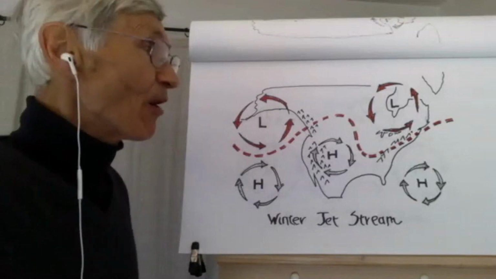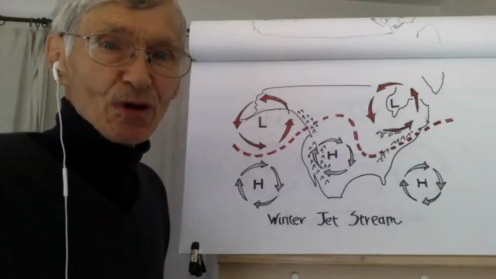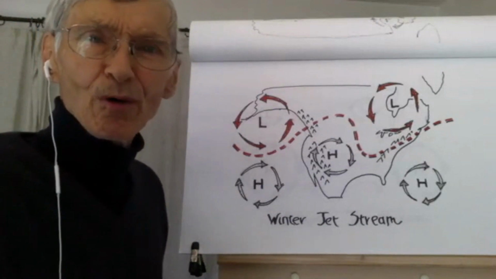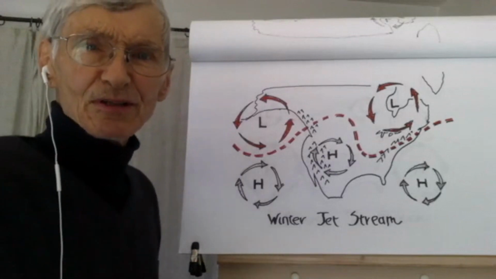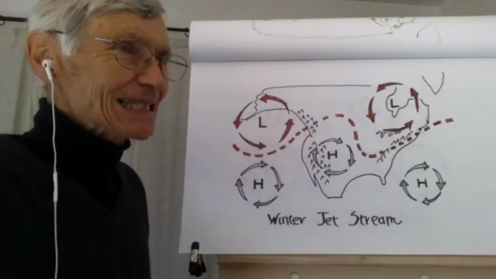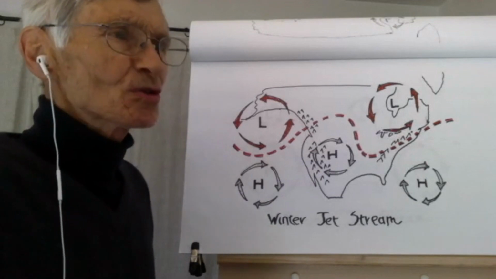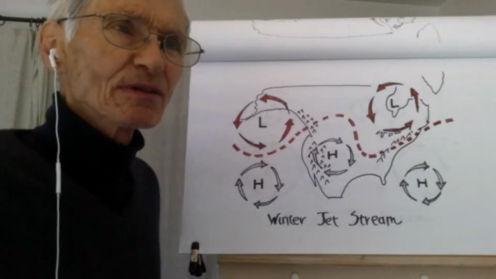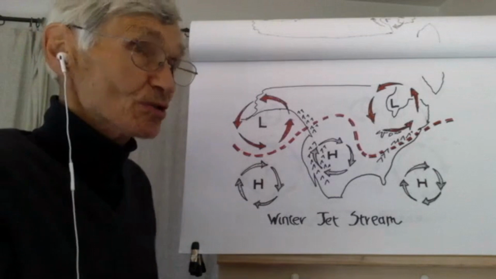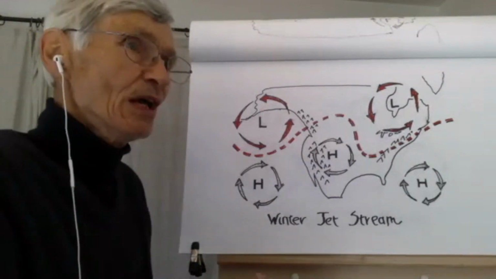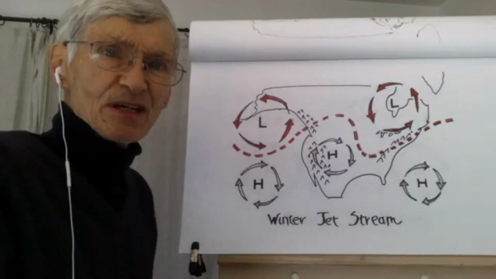And the DALR determines whether you get a powder snow or a wet snow. It determines whether you get a tendency for storms to move rapidly with a little bit of precipitation, or storms to be very slow that drop a lot of precipitation.